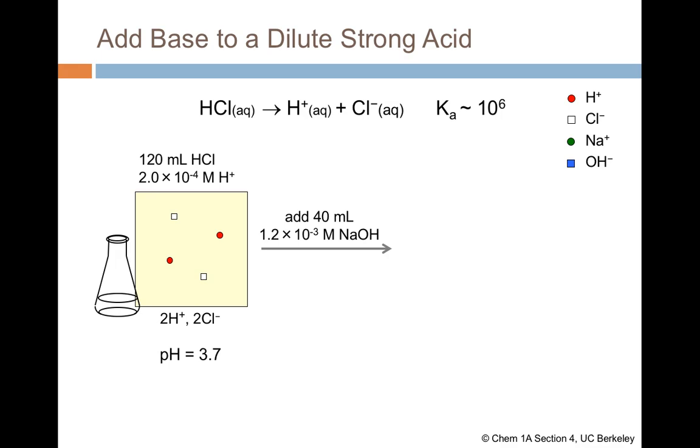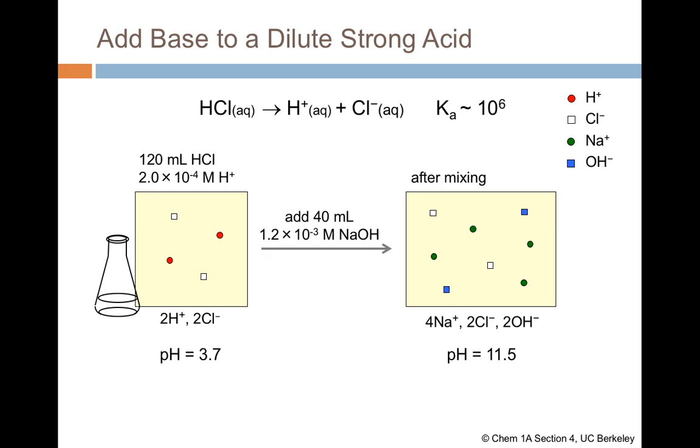If you add even a small amount, just 40 milliliters of dilute 1.2 times 10 to the negative third molar NaOH, all of those small numbers of H+ cations will be reacted away by the OH- anions to form water, and then the small excess of OH- anions will give you a relatively high pH. So even though you were able to achieve the pH you wanted initially, the pH changes a lot after the addition of the base.